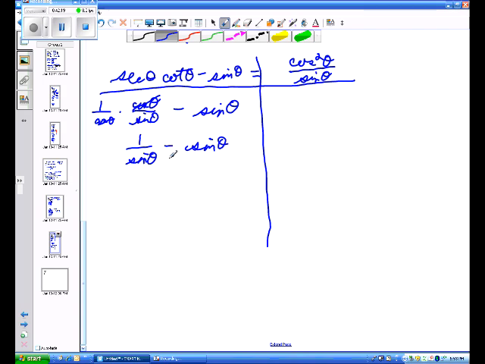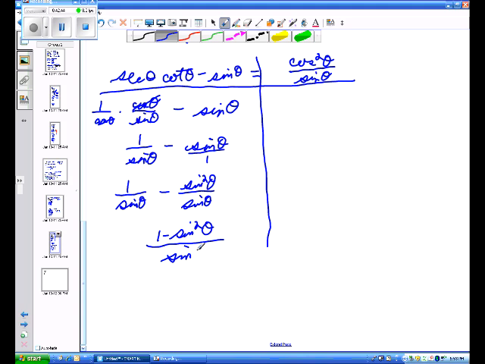Now, this is a subtraction problem. To do subtraction, you need a common denominator. So it's going to be sine theta because this is over 1. So we have to multiply our denominator by sine theta, so we multiply our numerator, and we have 1 minus sine squared theta over sine theta.